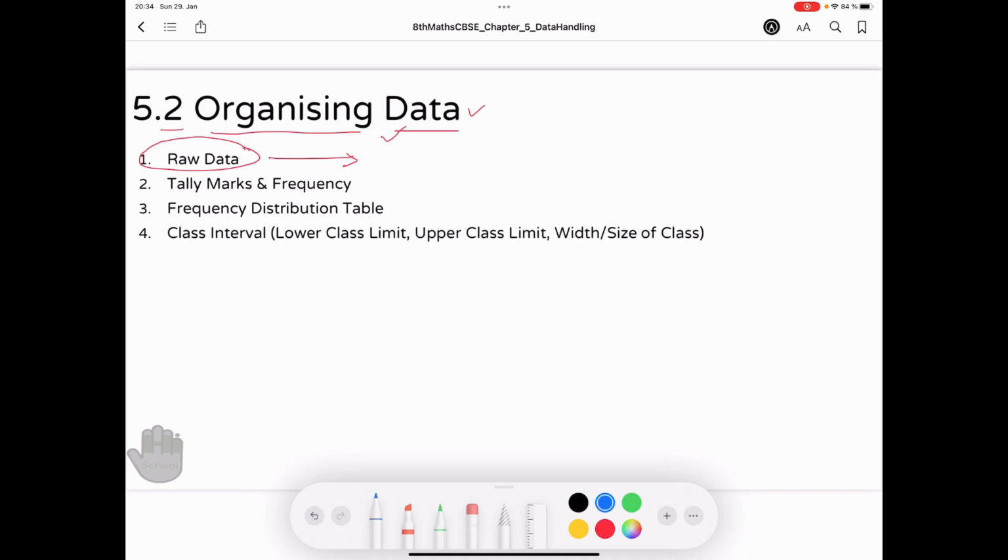Let's say we have raw data of the number of heartbeats per second in an exercise session.